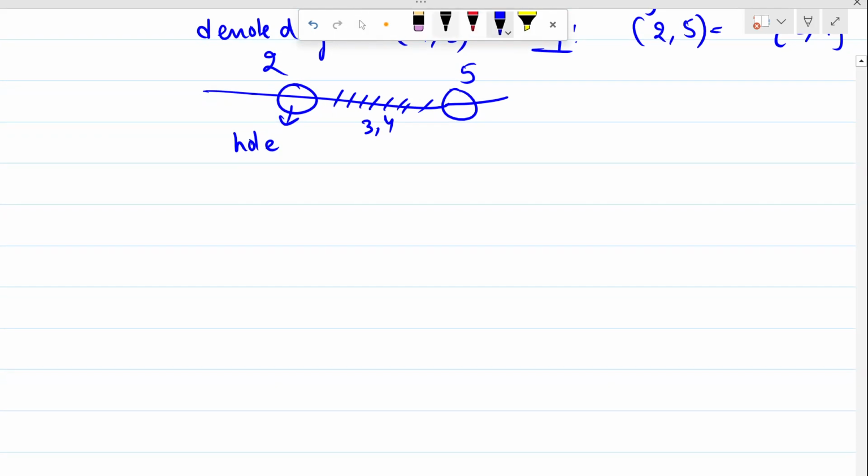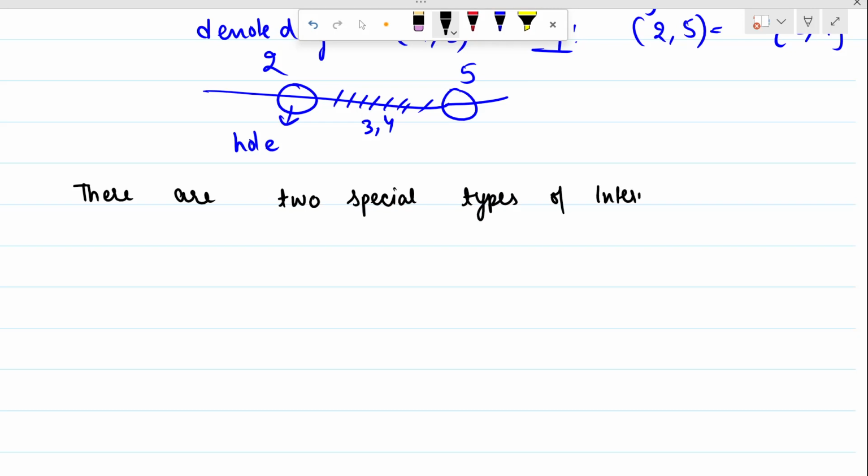There are two special types of intervals. First is the interval including a but not b.